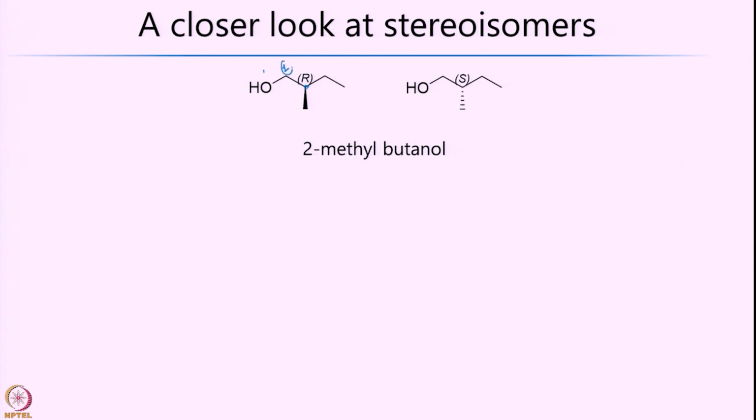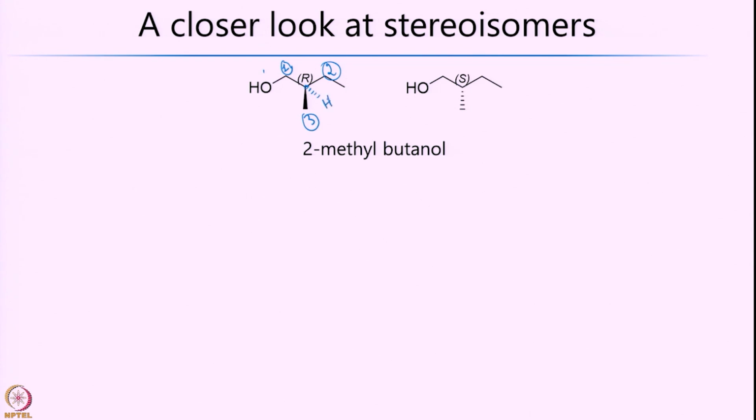The first priority is the one that has the oxygen attached to it. The second priority is this one, which has two carbon atoms, and the third priority would be the methyl. And you also have something going back, which is the hydrogen, correct.